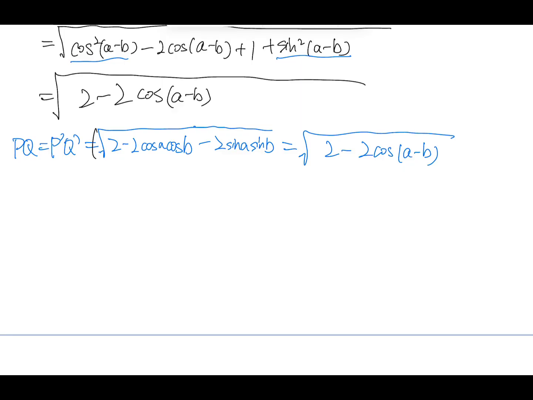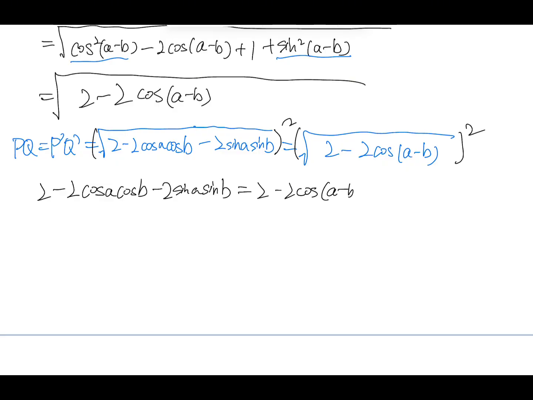We can actually square both sides of this equation. Which makes 2 minus 2 cosine A cosine B minus 2 sine A sine B equal to 2 minus 2 cosine A minus B.